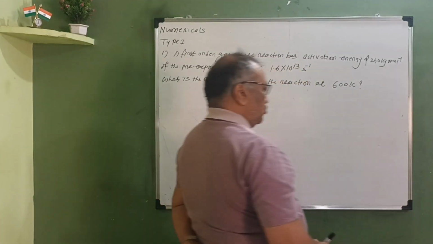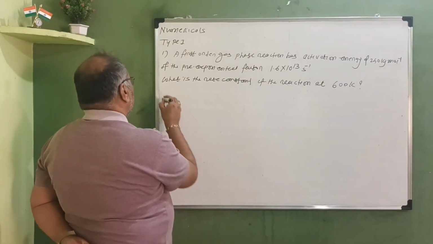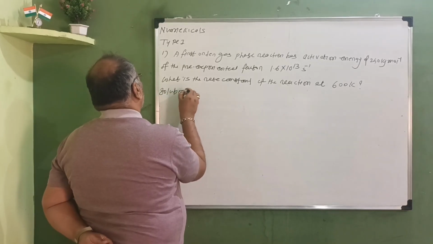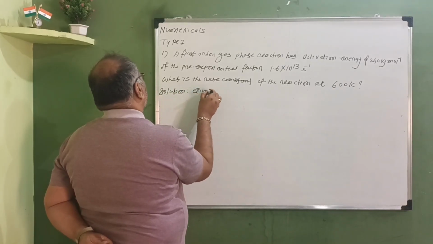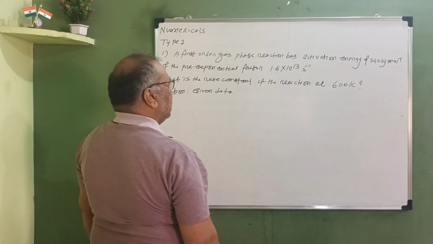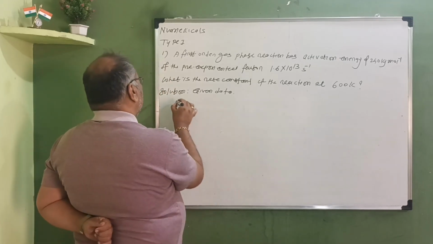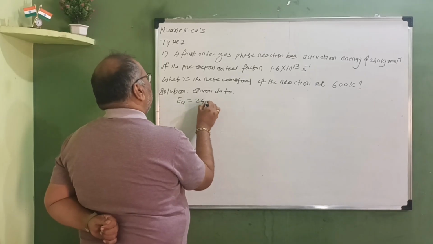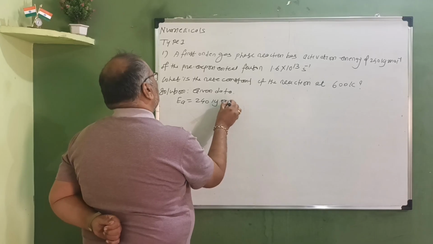Now here write down solution. Given data. Here activation energy is given, that is EA is equal to 240 kilojoule per mole.